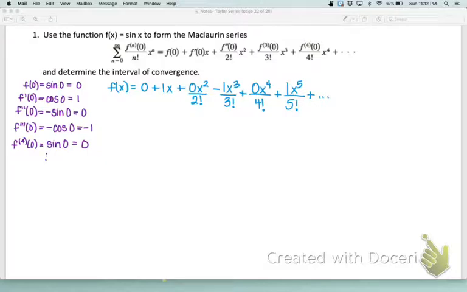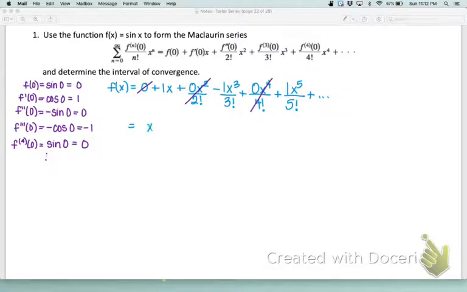Okay. Now, first thing I noticed right away is that every other term doesn't really exist because it's just 0. So we don't need to write it out. So this term we can eliminate, this one we can eliminate, this one we can eliminate, the 6th one we could eliminate. So we're going to write a new series without all those zeros in it.